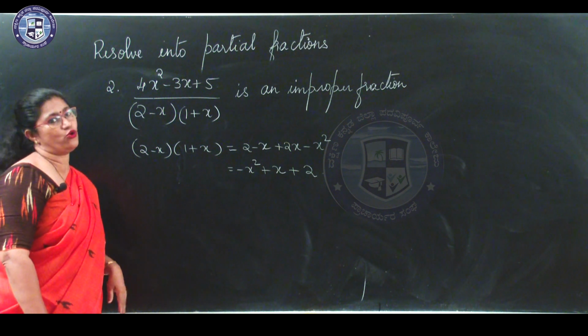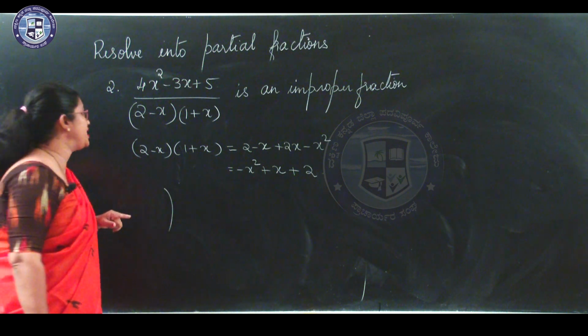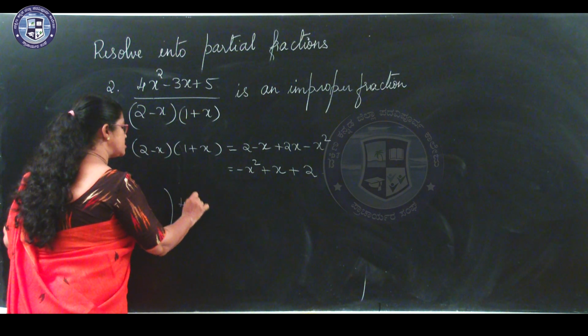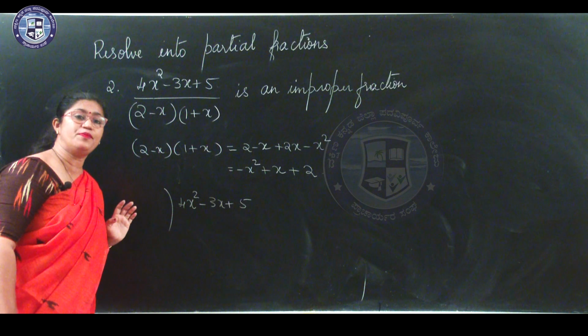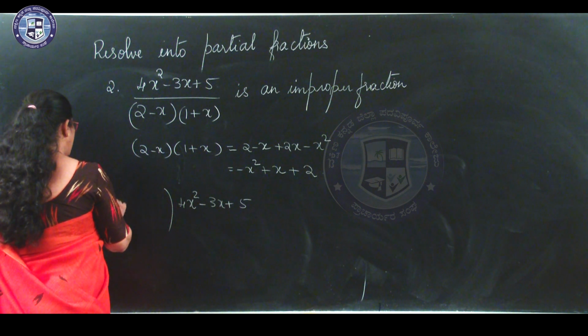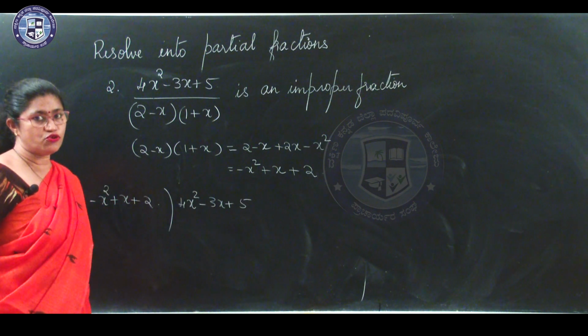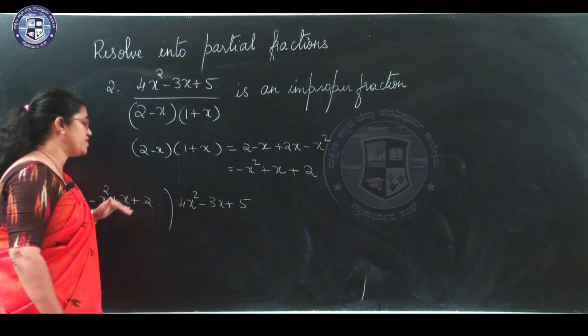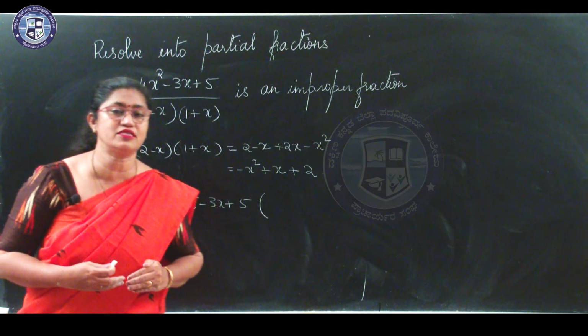So, now I will go for division. How do I divide? Numerator, that is 4x square minus 3x plus 5 divided by denominator minus x square plus x plus 2. So, note this, numerator divided by denominator, and how do I divide? How do I know how many times it goes?